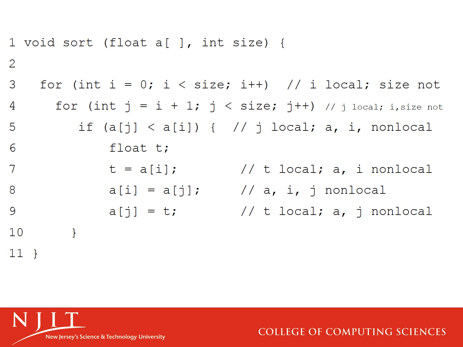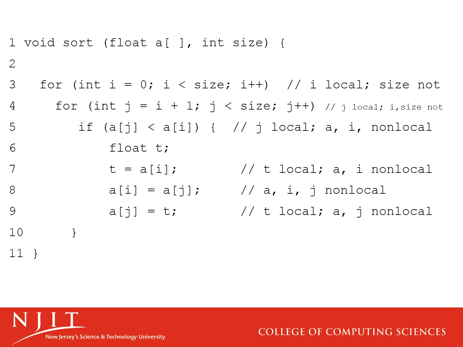Lines 6, 7, 8, and 9 are in a block. That block is its own scope. The if statement that begins at line 5 is inside of the for loop that begins at line 4, which is its own scope. The for loop at line 4 is inside of the for loop at line 3.